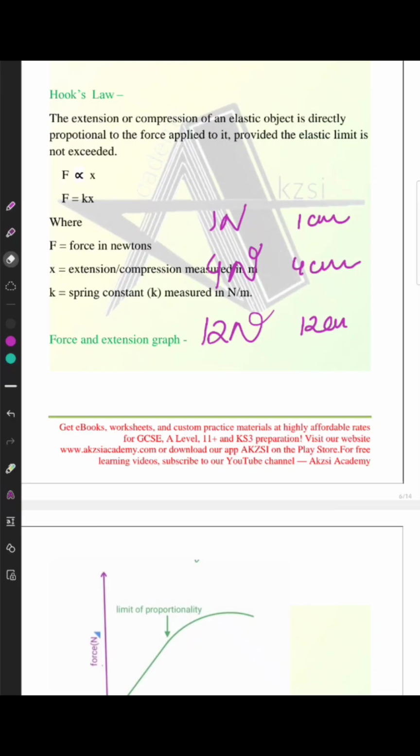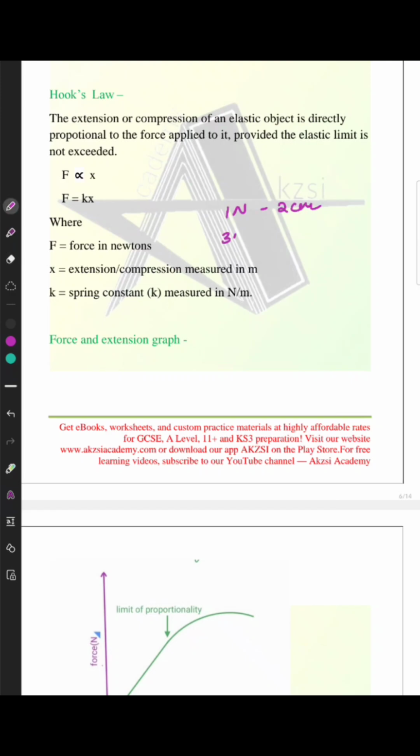Or take another example: suppose you apply 1 Newton of force, the extension is 2 centimeters. Now you apply 3 Newtons, the extension is 6 centimeters. If you apply 9 Newtons, the extension is 18 centimeters. You can clearly see they bear a proportion of 2, twice of it. Every time it's going to be like this, and when you draw this on a graph, it will be a straight line.